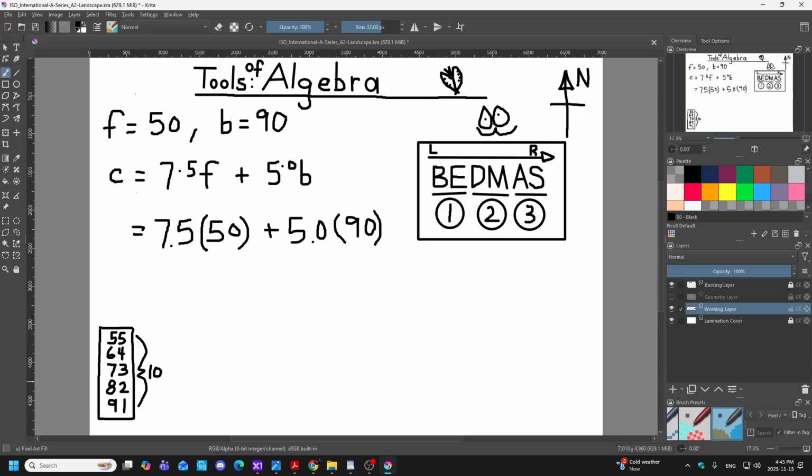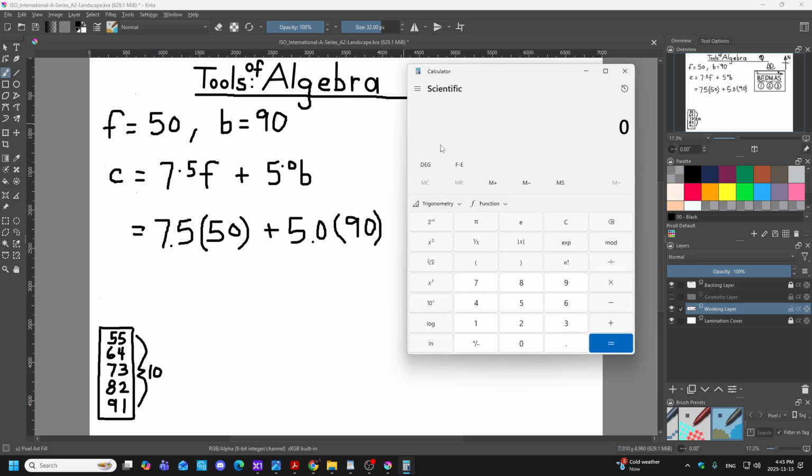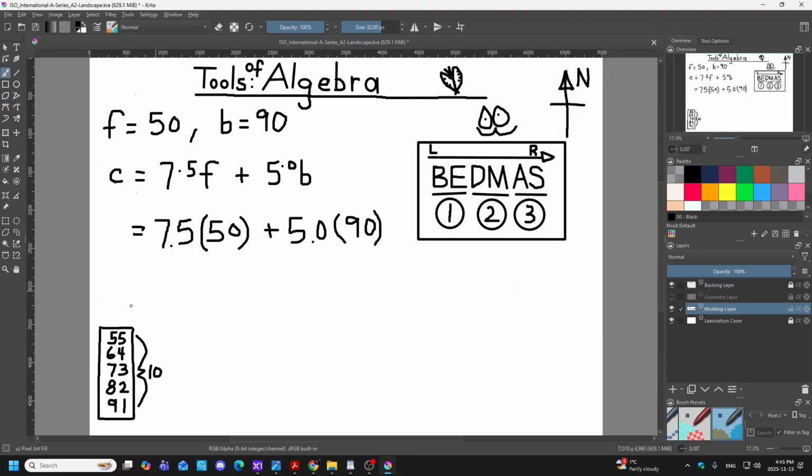We'll use the calculator quickly. I have a lot of problems I want to share with you, and we've done a lot of practicing long multiplication. So I got 375 plus 5 times 9. 9 times 5 is 45.